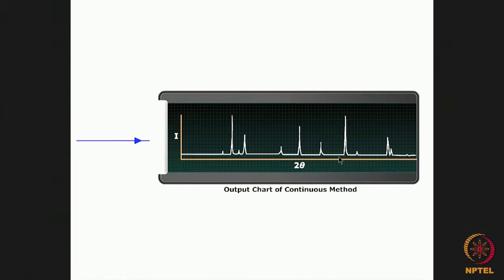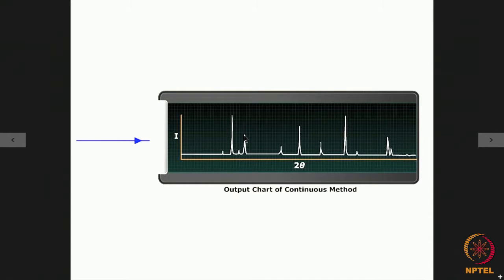And the output from the diffractometer looks like this. In fact, it gives you a direct plot of the intensity versus 2 theta, and these are the diffraction line positions, as you can see.